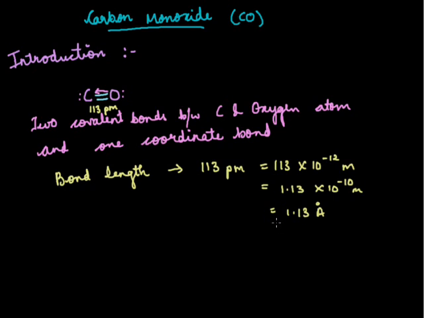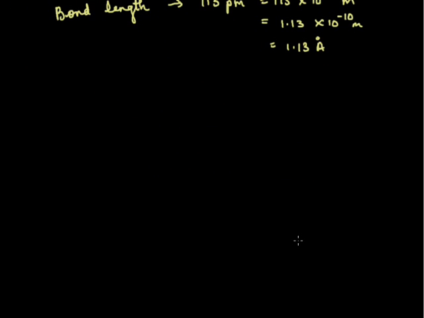Now coming to the history of carbon monoxide. In ancient times, prisoners were kept in a room in which charcoal or coke was burnt. It was a way of punishing a prisoner who was sentenced to death.